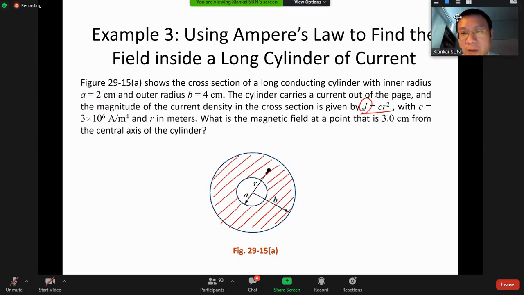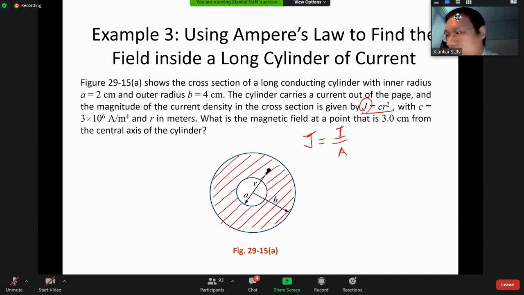Just for information, what is current density? Current density is I over A, where A is the area. If the current density is not uniform, then you can choose dI over dA. All right.